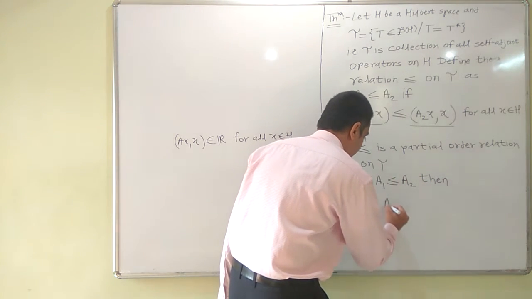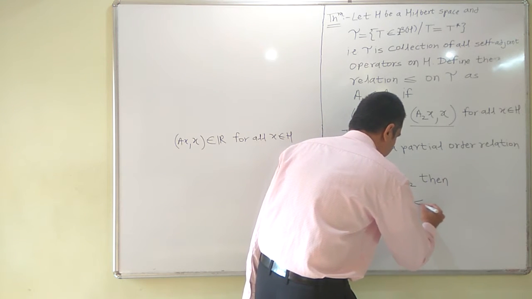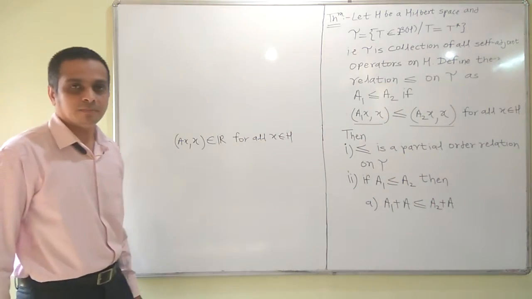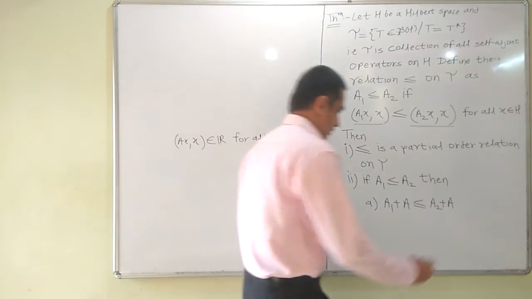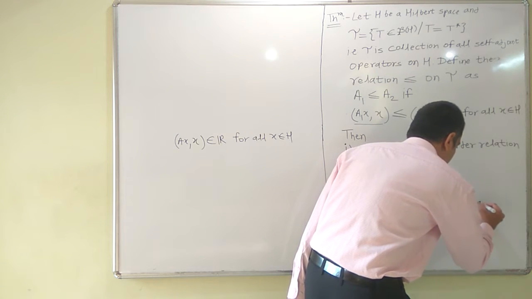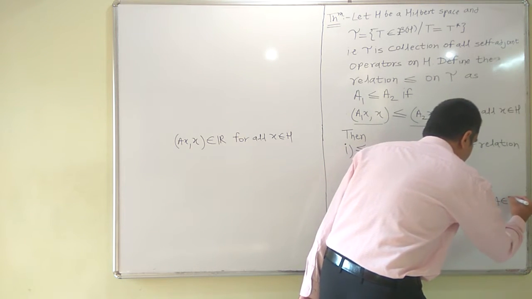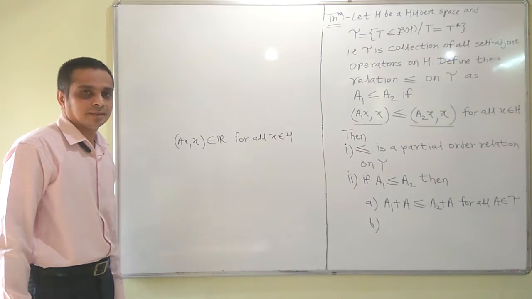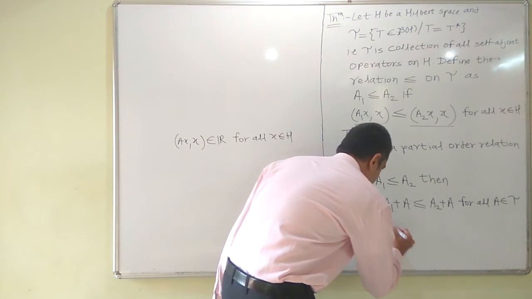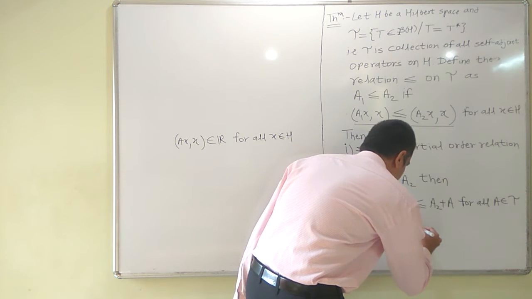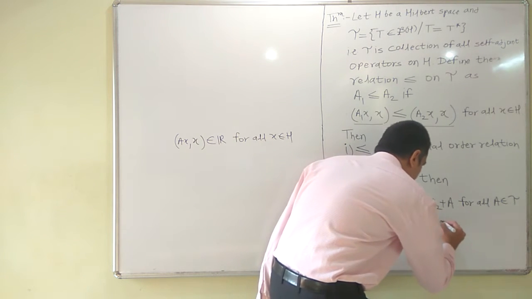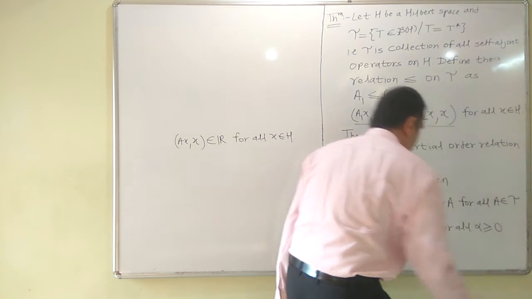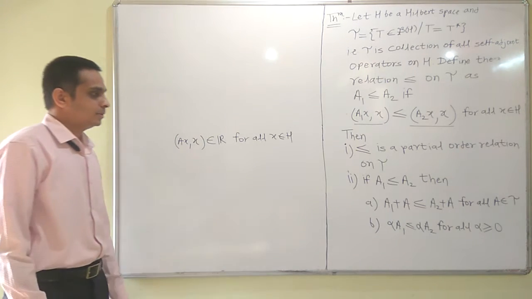The first property is that A1 plus A is less equal to A2 plus A for all self-adjoint operators, that is, for all A belongs to tau. And the second property is that alpha A1 is less equal to alpha A2 for all non-negative real numbers.